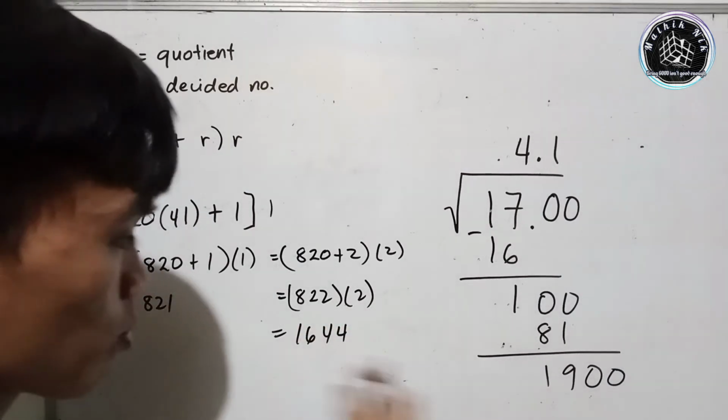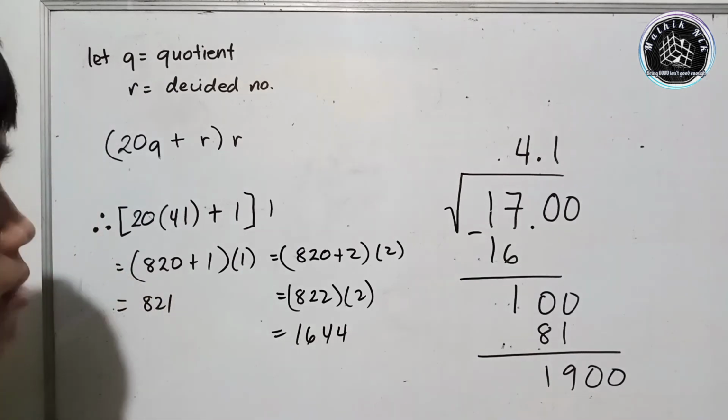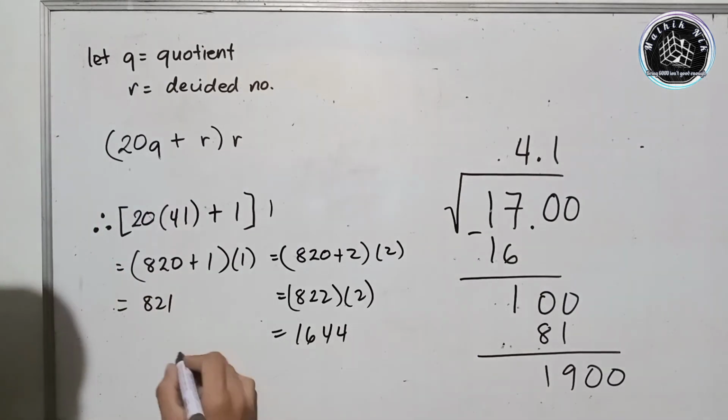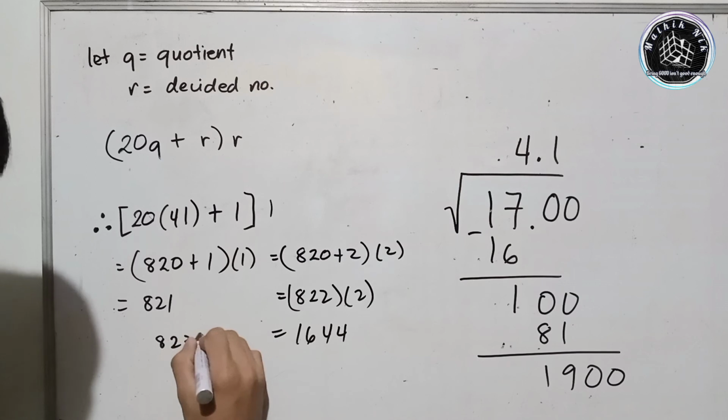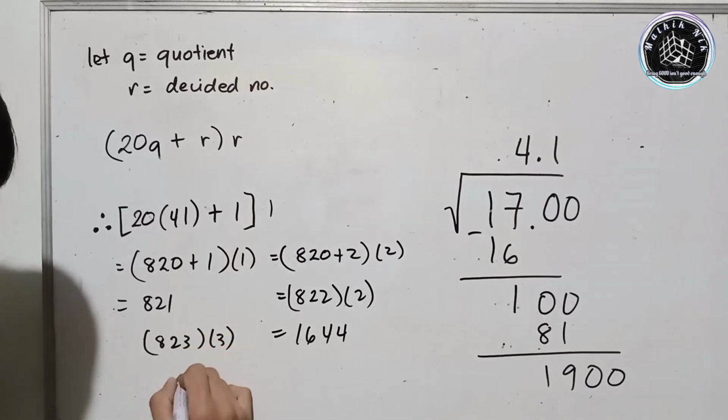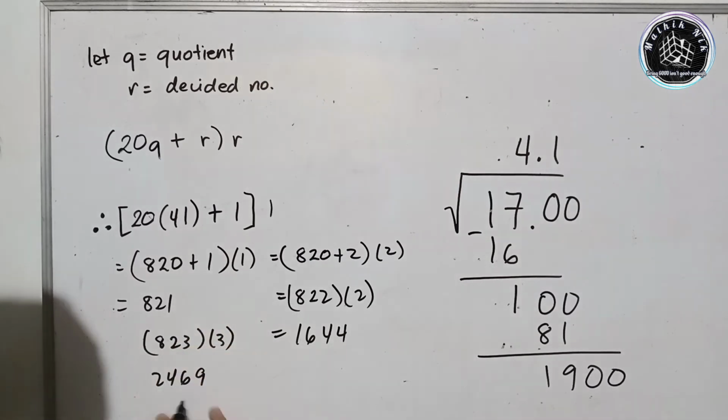This is much closer than this number. We need to try another, 3. So 823 times 3 is 2469. It is larger than this one.